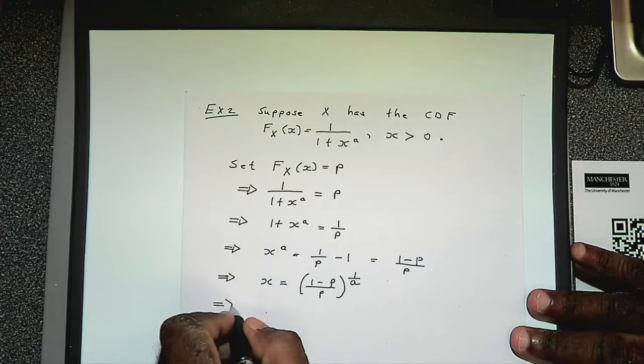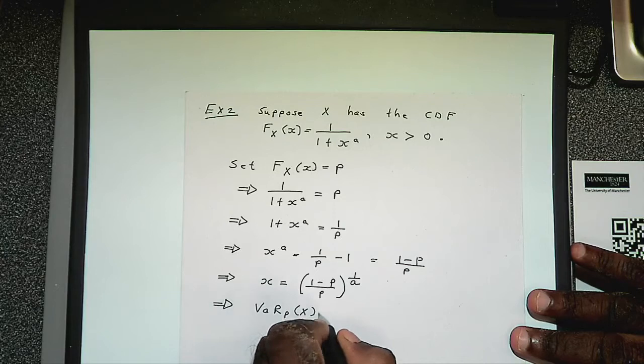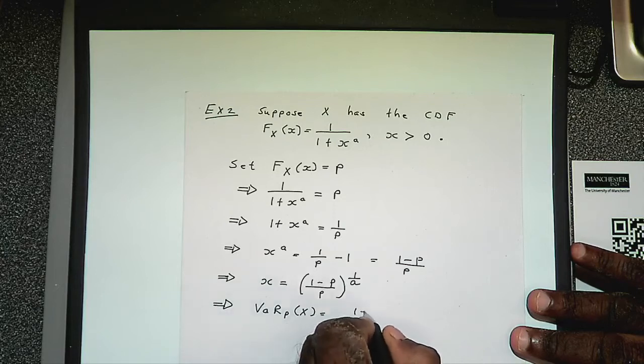So what we have is that the value at risk is given by this.